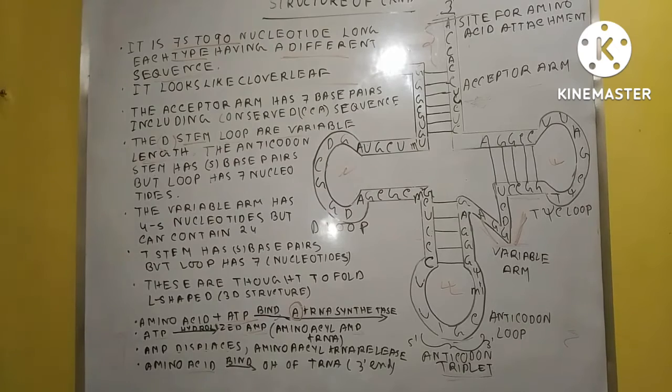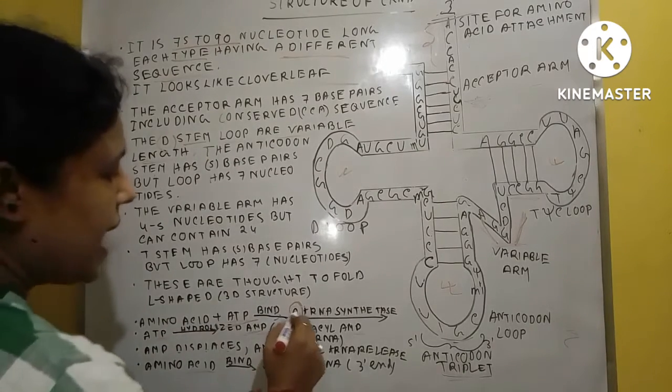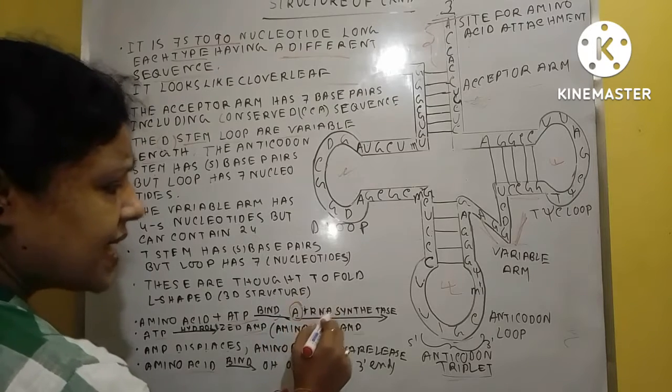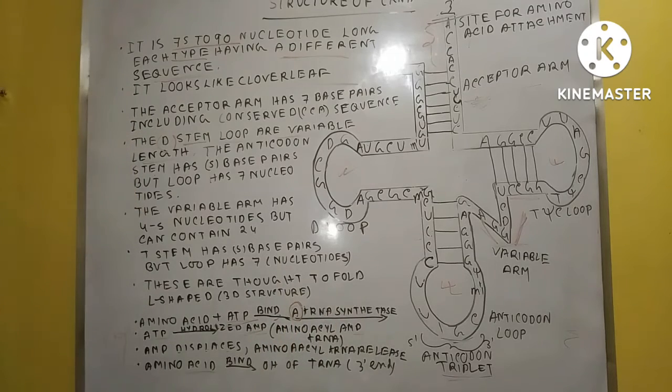So there are 3 steps you can see. What are the 3 steps? First, amino acid and ATP both bind to aminoacyl tRNA synthetase. This is the enzyme. After that, the ATP is hydrolyzed to form AMP.